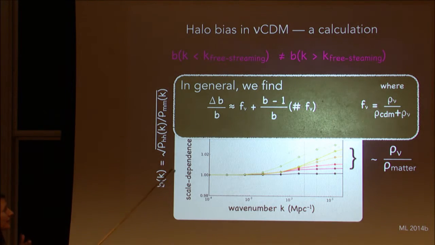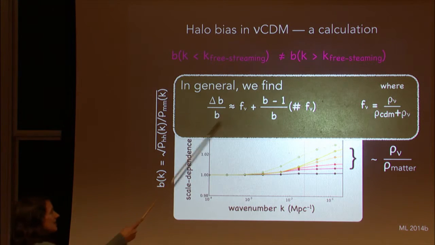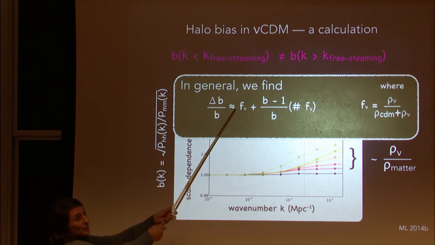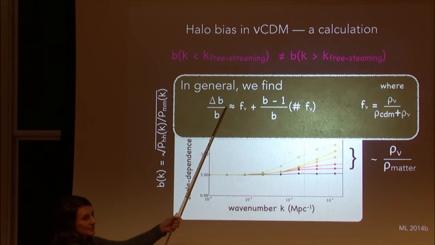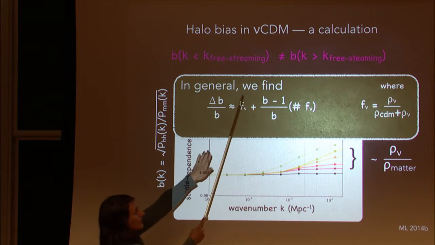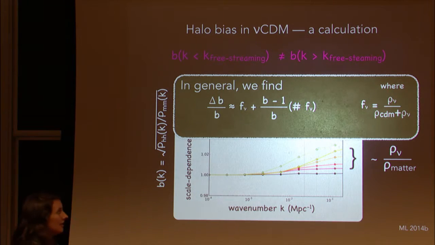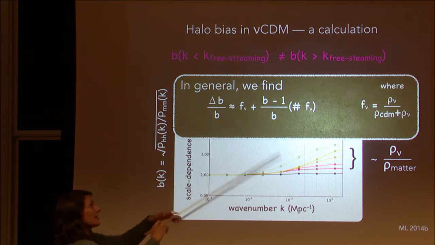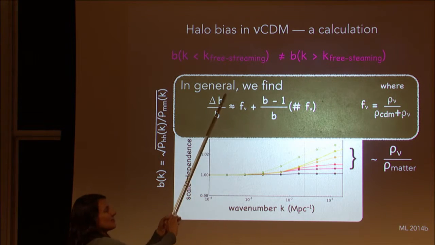So roughly, the total change in the bias with respect to the total matter, as opposed to just the cold dark matter, is the sum of these two pieces. And this piece is the one that wouldn't be there if you were looking at it compared to CDM. You would not have this F nu. But it depends on what you're measuring. If you're looking at lensing, you'll see both of them. If you're comparing two galaxy populations, you will still see this piece if they have different biases, but not this piece.